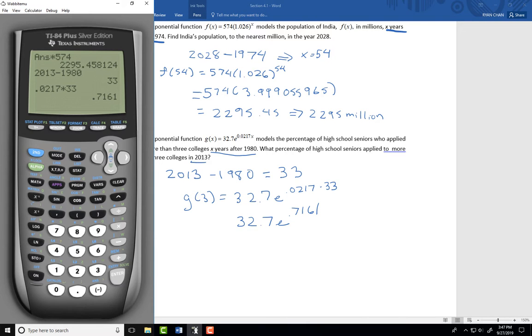To get your e, you're going to do second division. And you can type this in. The nice thing is with some of your calculators, you can go up and copy and paste.